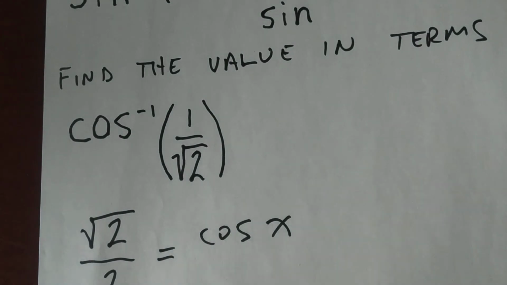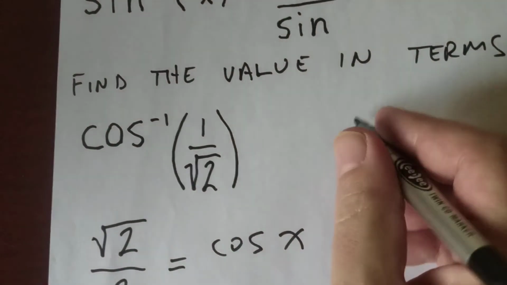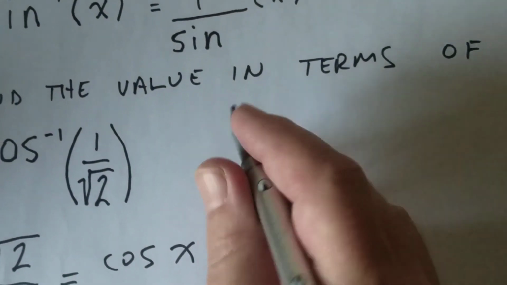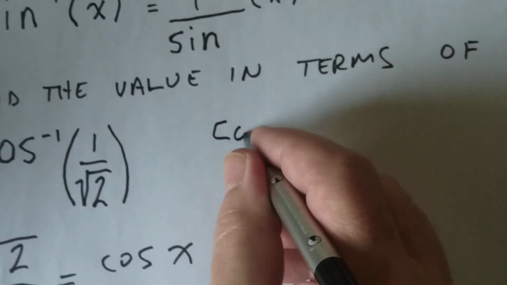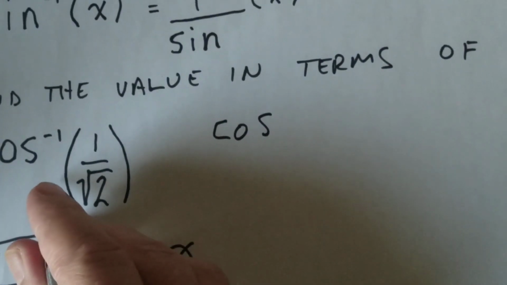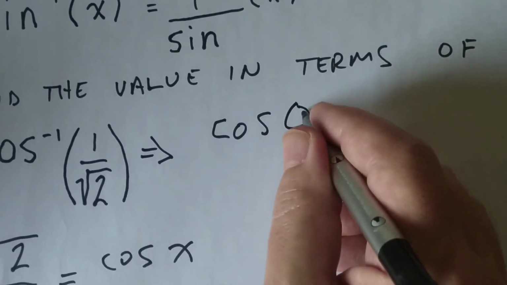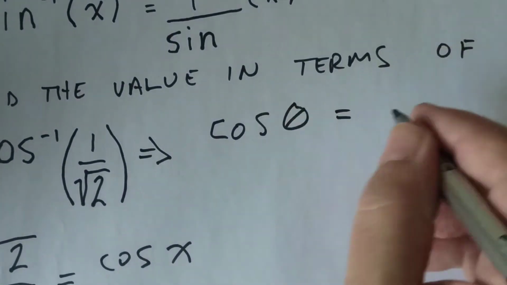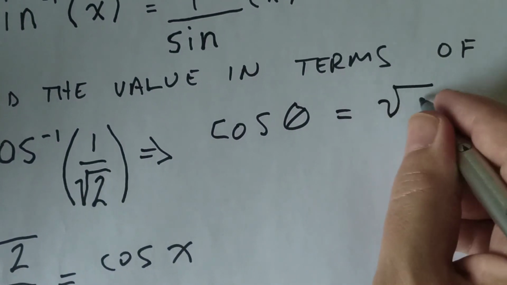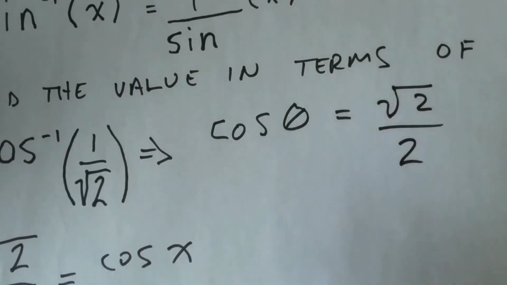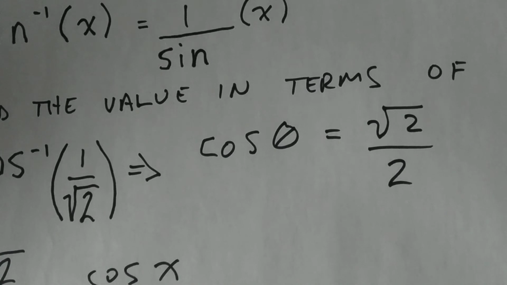Actually, I'm going to write this down. What you're trying to do is find out the cosine. This means: the cosine of what angle measure gives you the square root of 2 over 2. That's how this works.